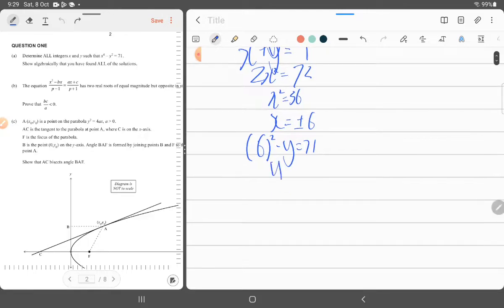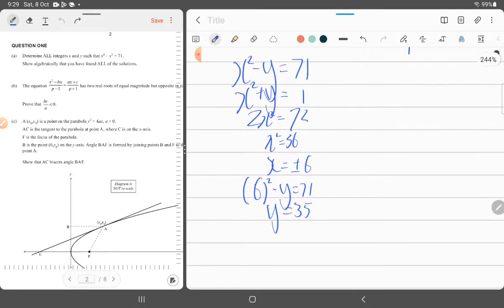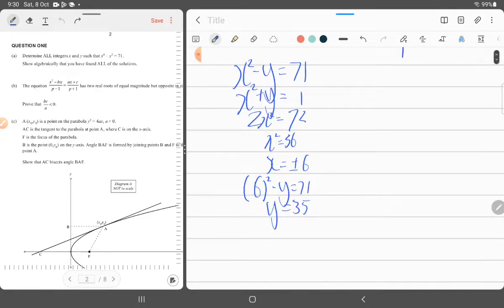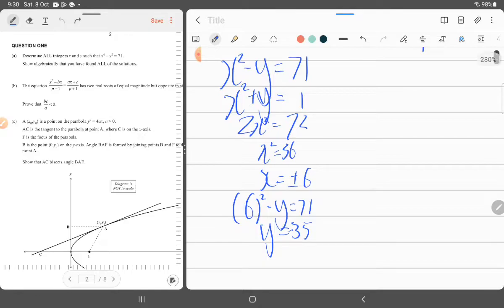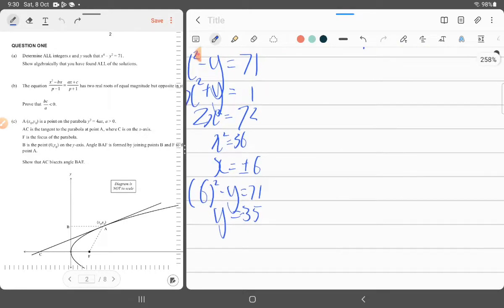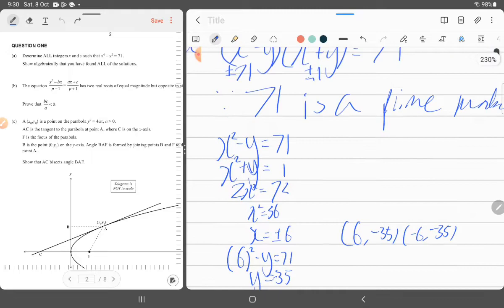Okay, yeah. y equals negative 35. So for this case x is equal to 6, negative 35, and negative 6, negative 35. Those are the two cases.